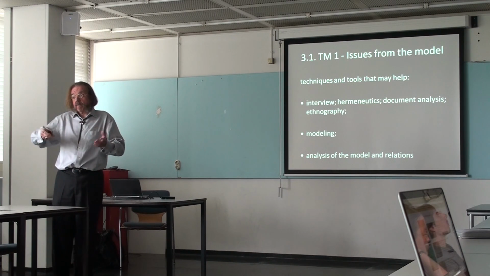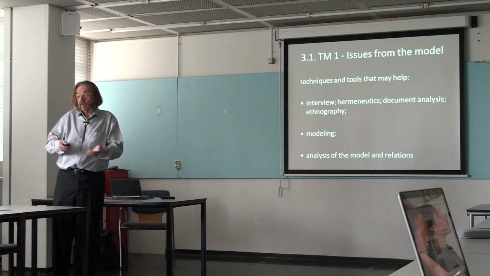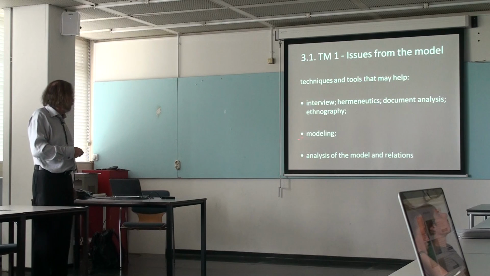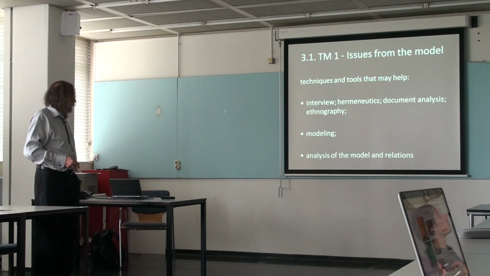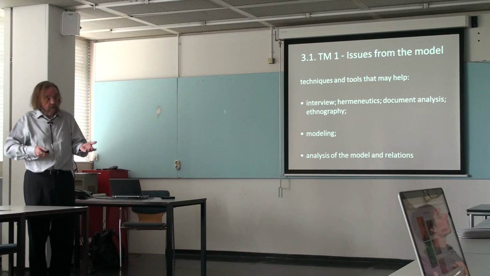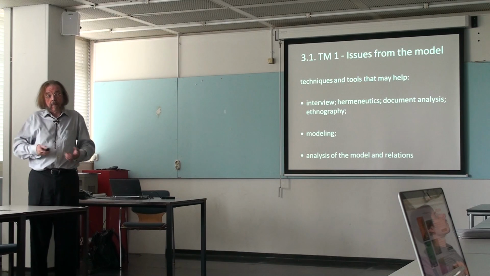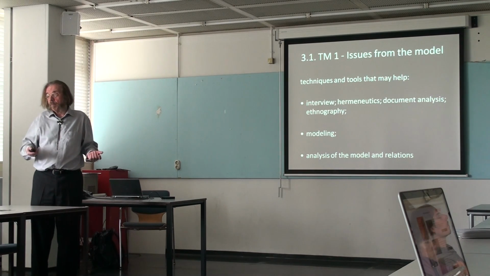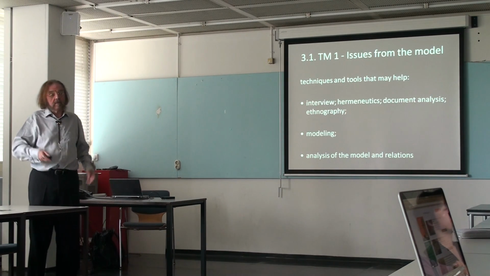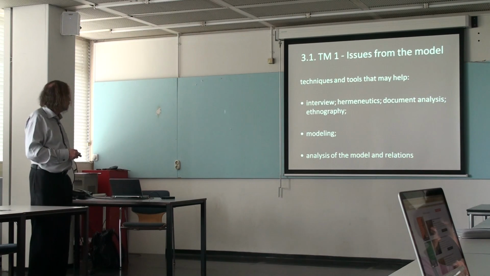The information is not available for people that would like to get hold of it. So model this and analyze the models and the relations. So find out who got information and who else might be happy to have this and could perform better if they would have access to the information.